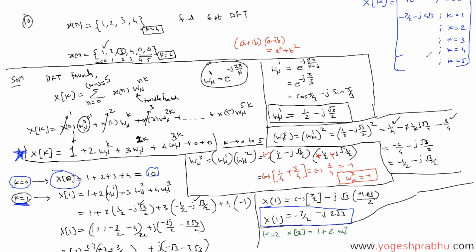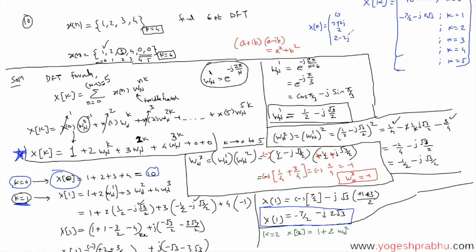But now there is a beautiful symmetry in this answer. N plus 1 by 2 is the point of symmetry. You remember the last time when I wrote x of k, the first value was 10, then 2 minus 2j, 2 plus 2j, then 2, then 2 minus 2j.